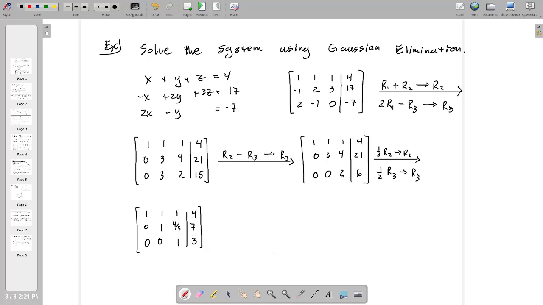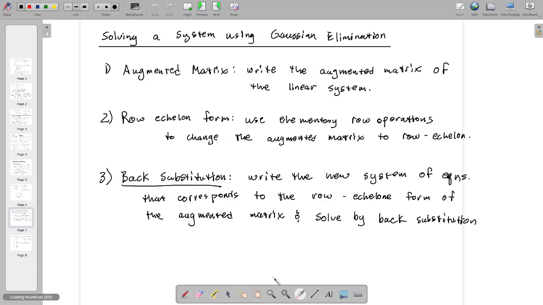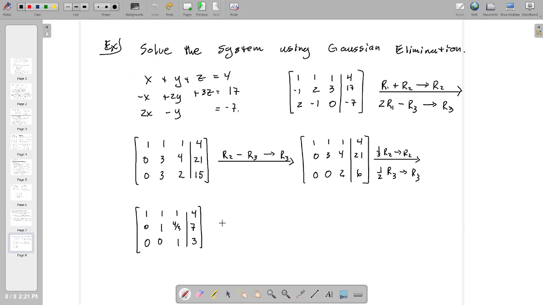Okay. So we now have our matrix in row echelon form, and that's what we wanted. So notice here, we finished step 2. We used the elementary row operations to get an augmented matrix in row echelon form. Now we need to do back substitution. We're going to rewrite this as a linear system of equations. Remembering that the first column is x, second column is y, third column is z.